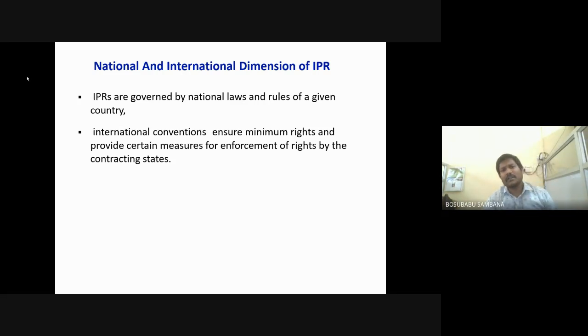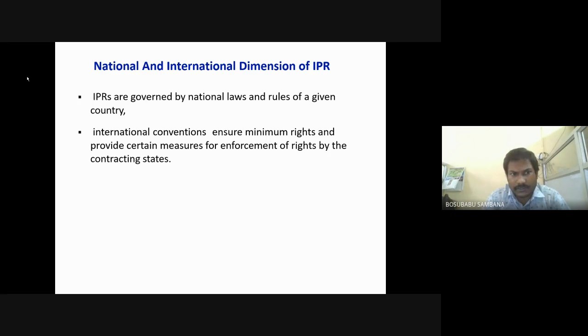Countrywide, there are national and international policies. They maintain qualitative agreements and protocols. There are also international conventions, such as the Madrid convention, the Paris convention, and many others. Laterally, they ensure minimum rights and provide certain measures for the enforcement of rights of the contracting states.